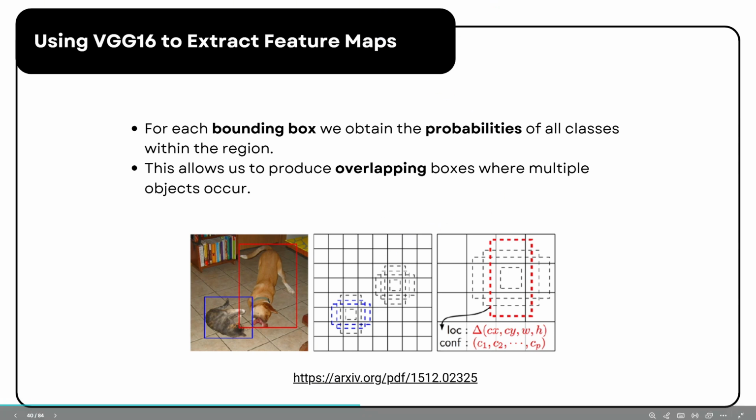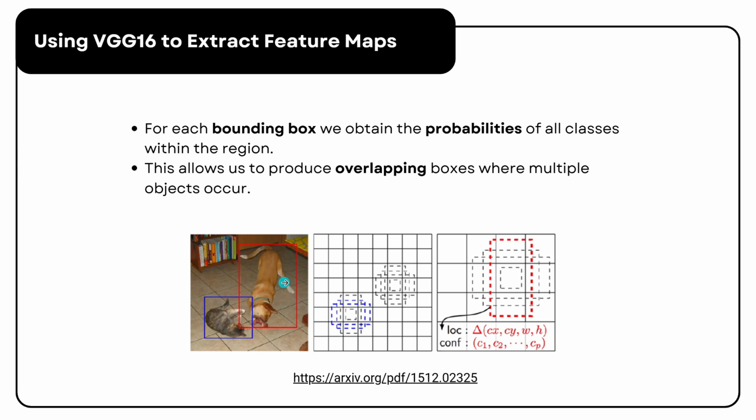So in this part of the SSD architecture, we're using a backbone CNN, in this case VGG16, to extract useful feature maps from the input image. This feature map serves as the foundation for making object predictions. Here's how it works for each bounding box generated by the model.